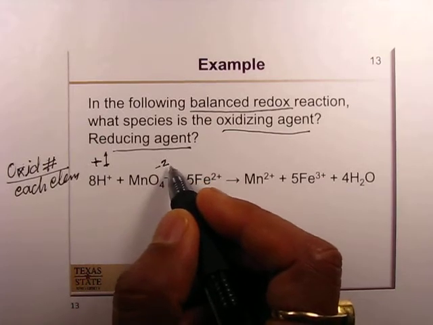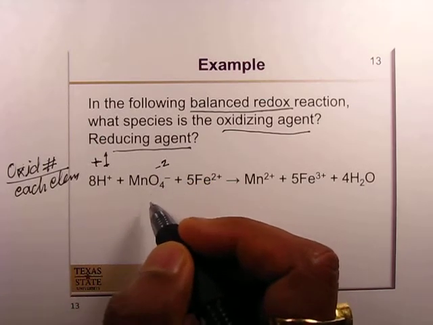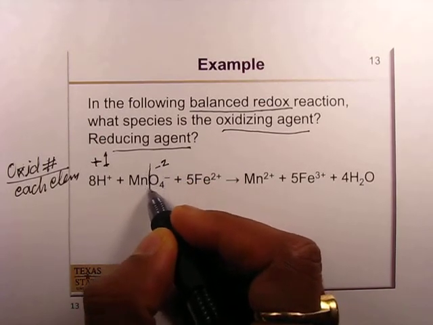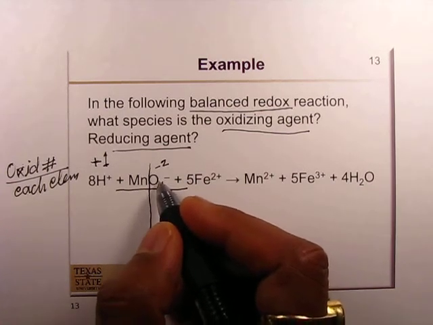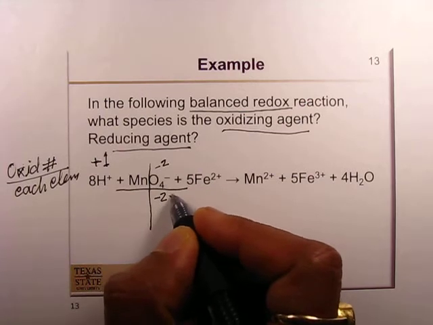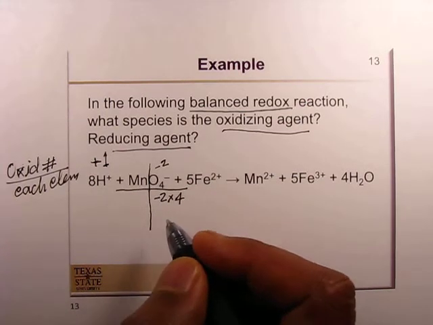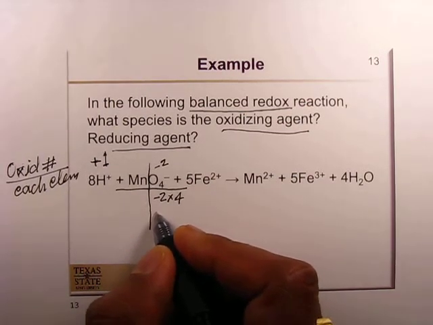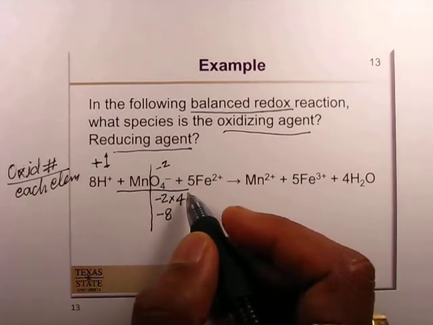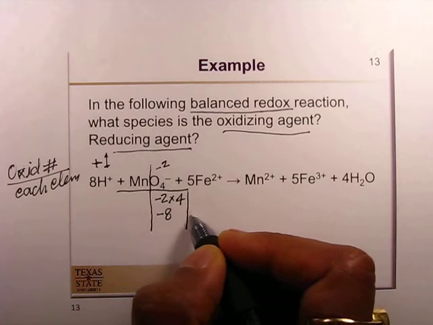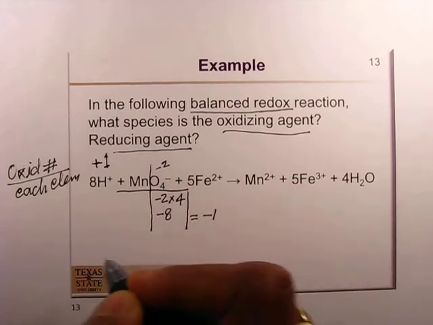Oxygen is usually -2. And how can we figure out the total? You can see there are -2 multiplied by 4, total -8, and there is already one negative charge, so it is -1.